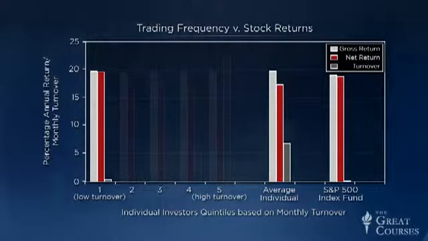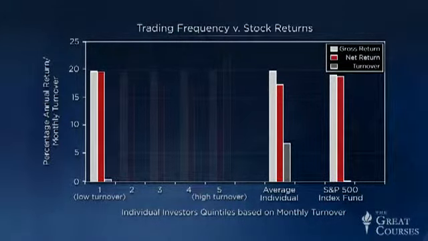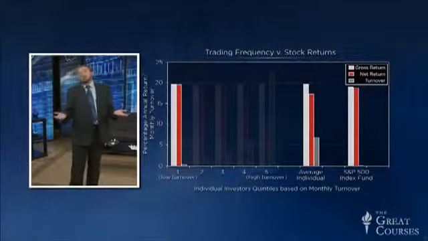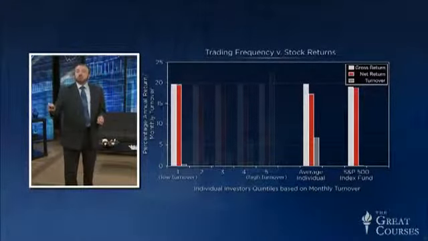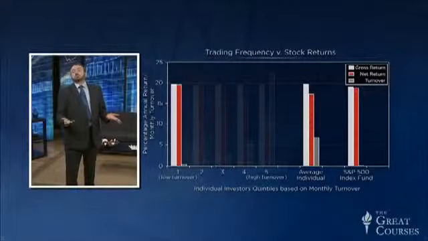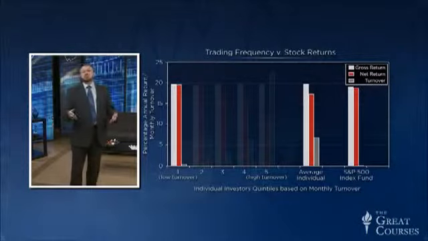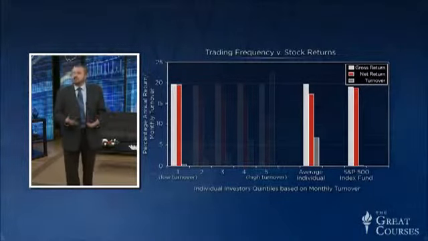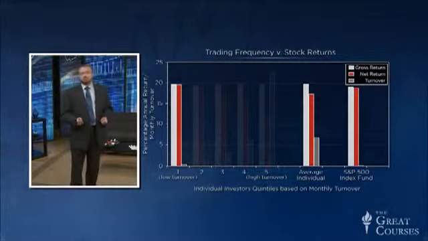Their gross portfolio returns, that is, before trading costs, were almost exactly equal to the returns on the S&P 500. Because they traded so little, their net returns were almost exactly equal to the return on a low-cost mutual fund invested in the S&P 500. That makes sense because they were following pretty much the same investment strategy as the fund.